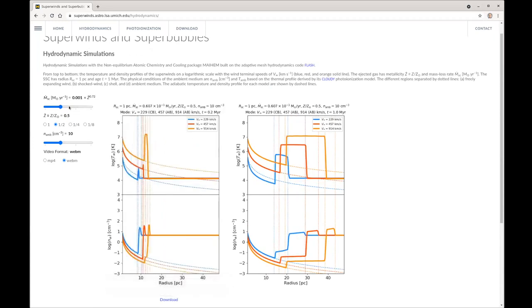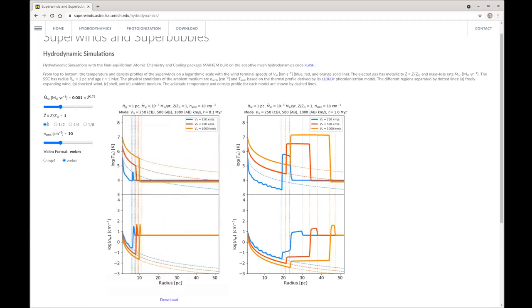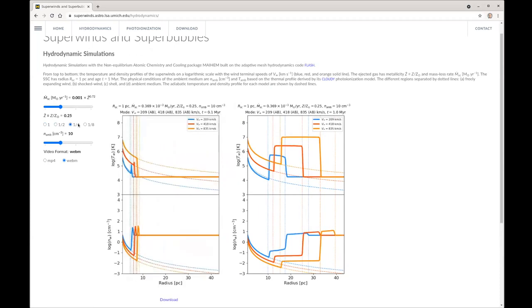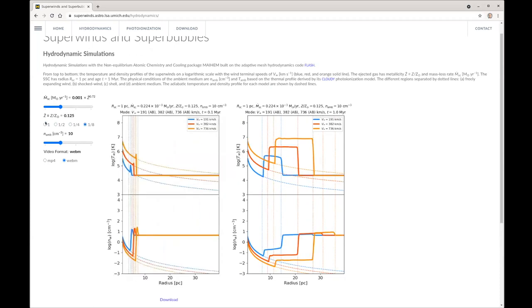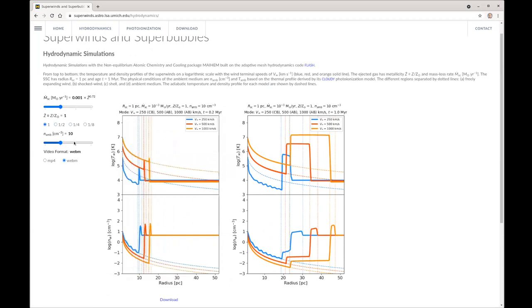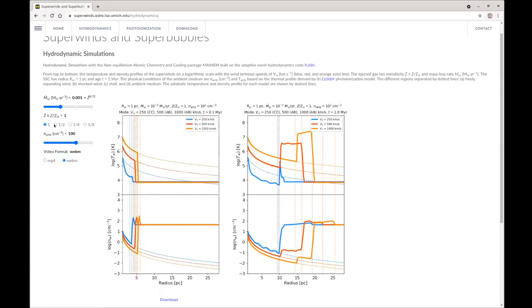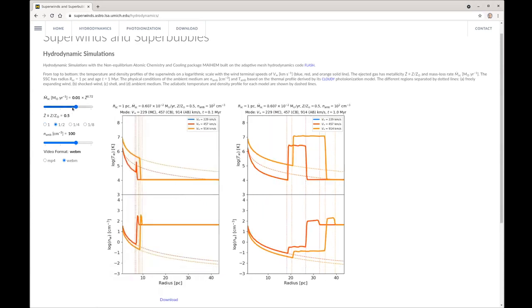And for example, here by increasing metallicity, we see in blue we have higher coolings, but by decreasing metallicity, the cooling decreases. Also by increasing the ambient medium density, we increase radiative coolings. Also by increasing the mass loading rate, we also increase catastrophic cooling.